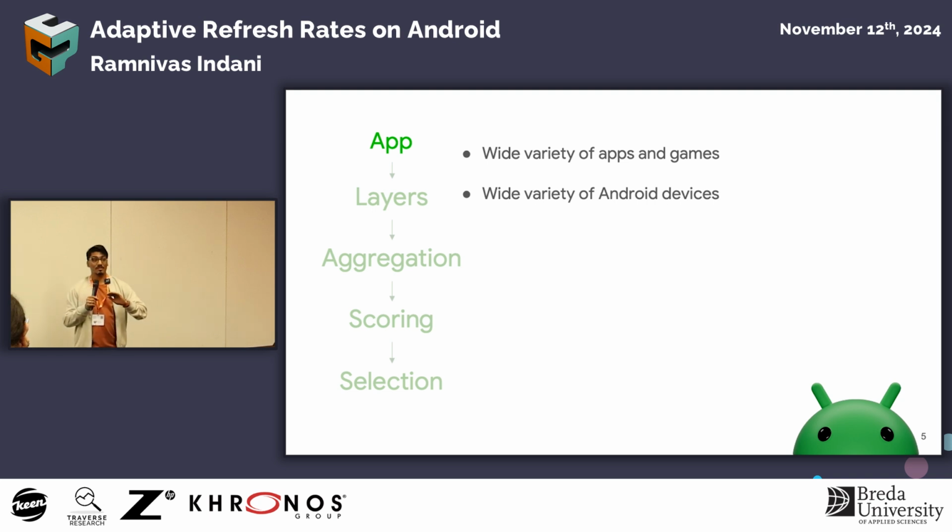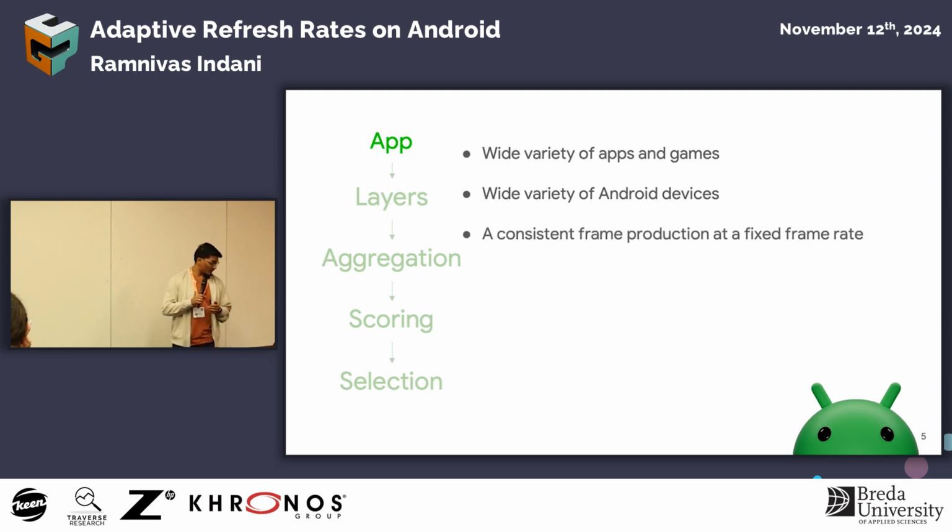Some of them have different refresh rates, some of them have different shapes, like ordering kiosks and things like that, or mobile phones, infotainment systems in airplanes, and all these kinds of devices. So we have to be mindful of all these different kinds of devices and the apps running on them, and manage the refresh rate for them.